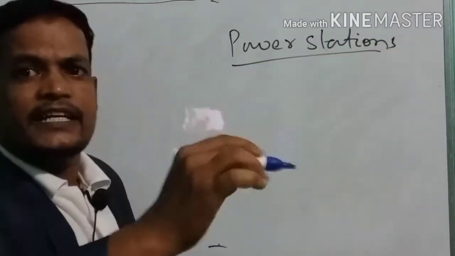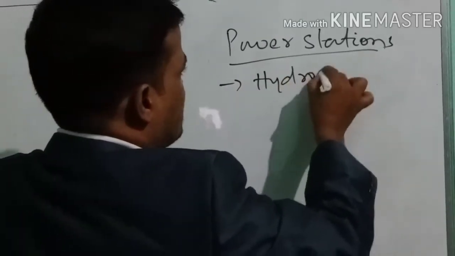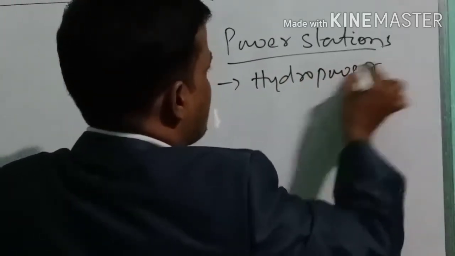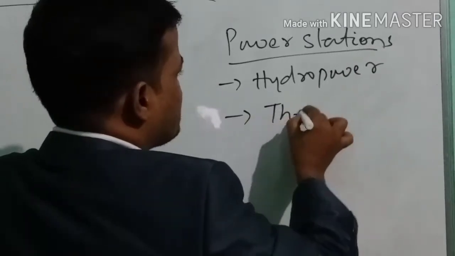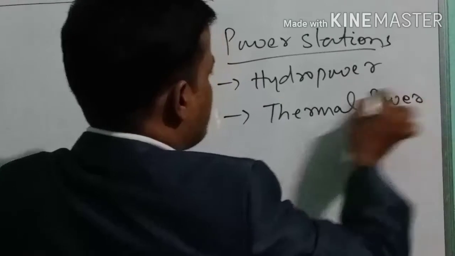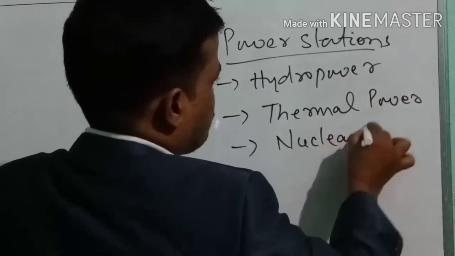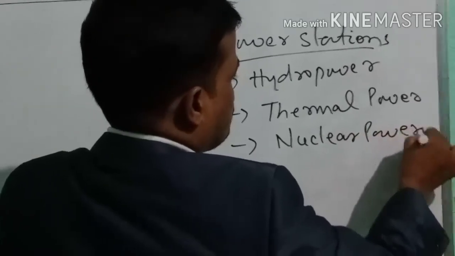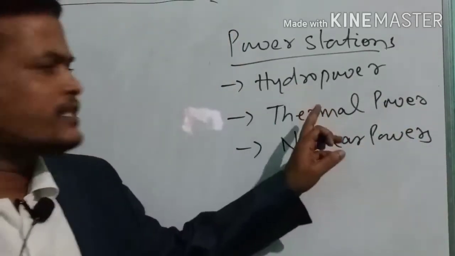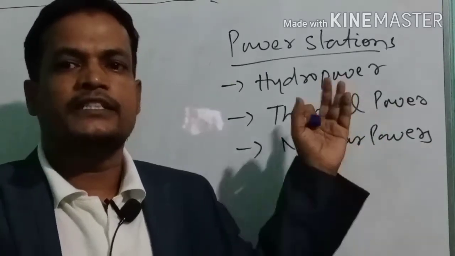So power stations are again divided into many types, like hydropower stations, thermal power stations. Next is your nuclear power stations. Hydropower means we use the water for running of the turbine, then electricity is produced, as is done in Hirakud.